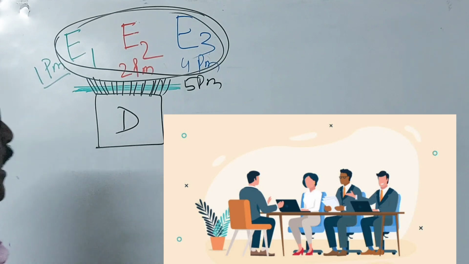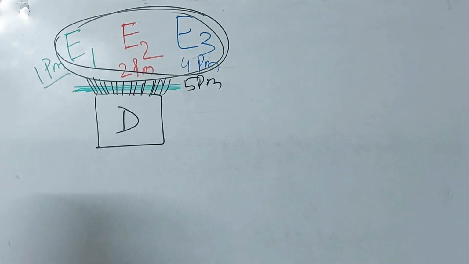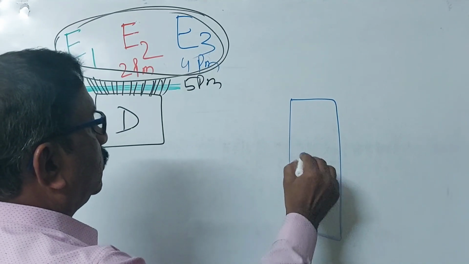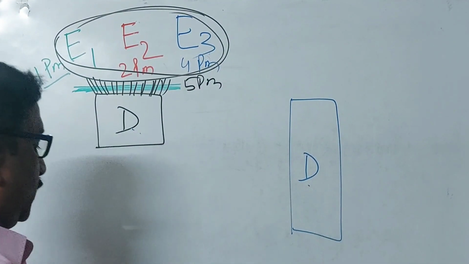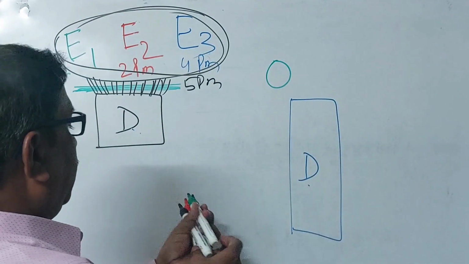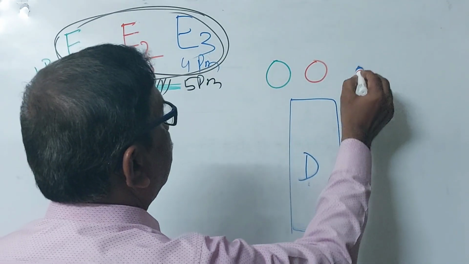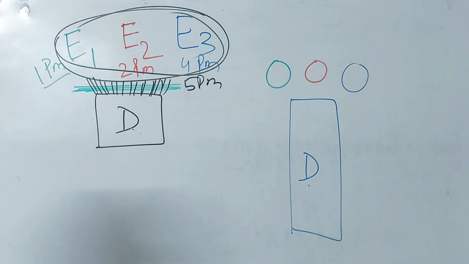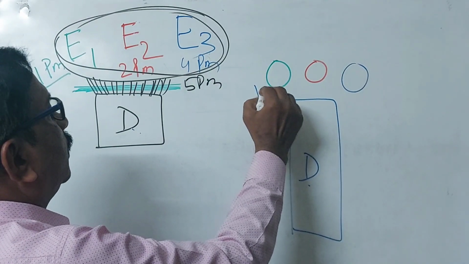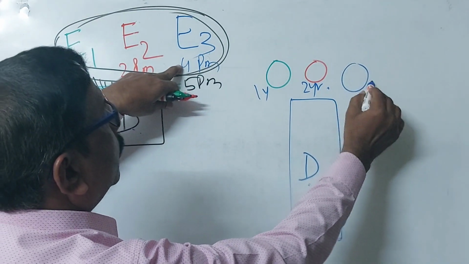So what we have seen here: if we consider this director as the diaphysis of a long bone, so D for director is the diaphysis, and the 3 employees are 3 epiphyses. They appear after birth, this epiphysis at about 1 year of age, this about 2 years of age, and this about 4 years of age.